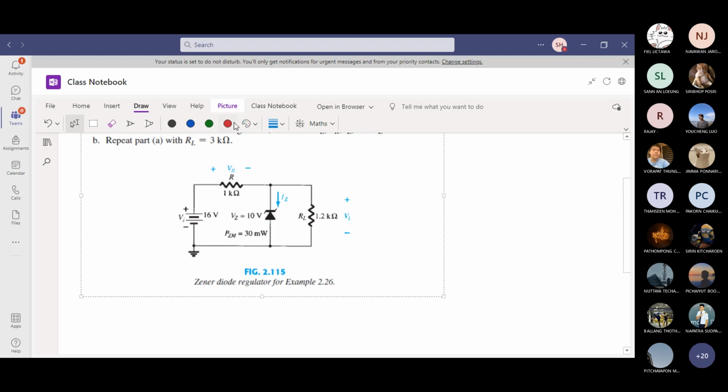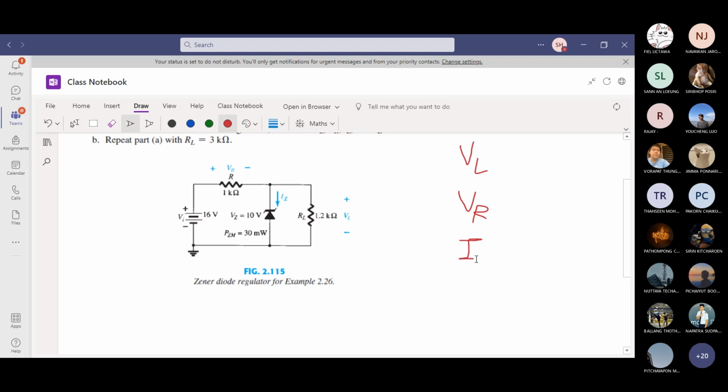Let me write what we need to find. On the right hand side of the screen, I want you to find VL, VR, IZ, and the power consumption of the zener PZ given this circuit.